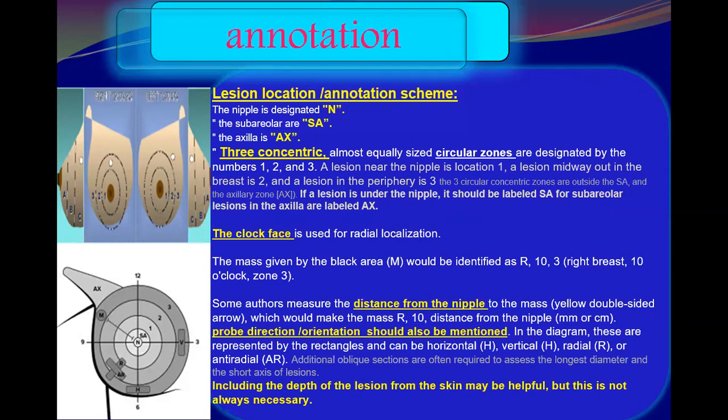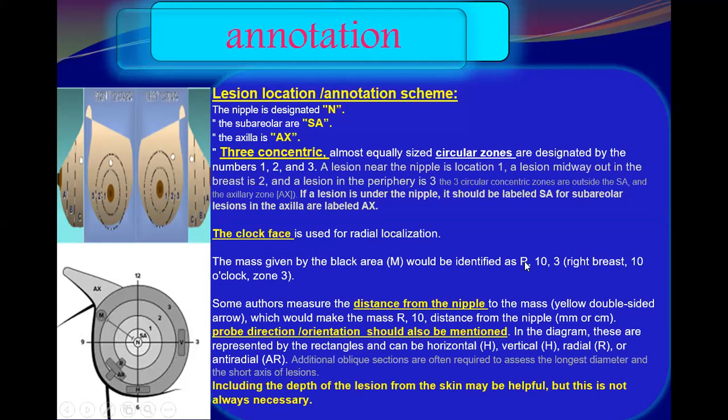And if in the axillary tail, mention the lesion in the axillary tail or in the axilla, not zone 3. And we have the clock face, as you have seen here, from 12, this is 3, and this is 9, and in between, same as the clock. The mass given by the area M here, this is the right breast, is seen at 10 o'clock.